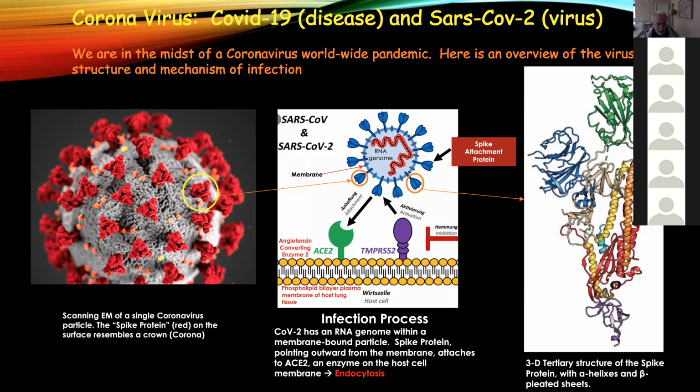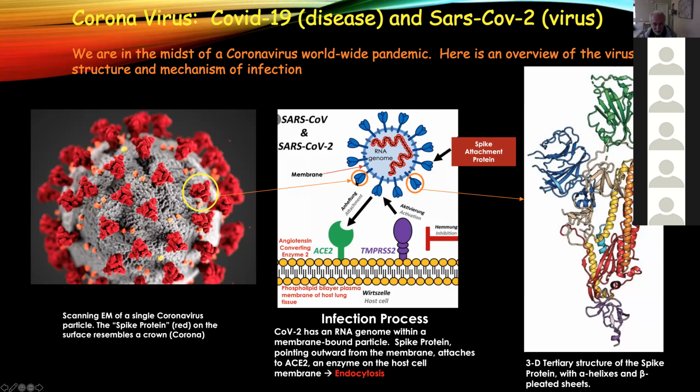Anyway, so inside that spherical particle is, in the center here, you see the red squiggle is the genome of the virus, which in this case is RNA. The particle itself is encapsulated in a membrane, so there are a number of proteins and other molecules involved there. But the critical thing is that this spike protein protrudes out away from the virus particle itself.